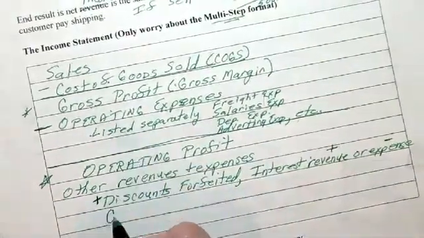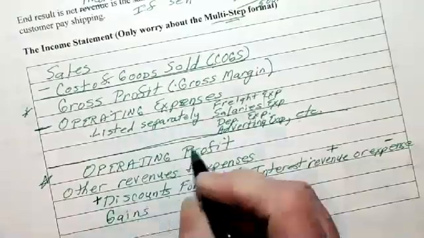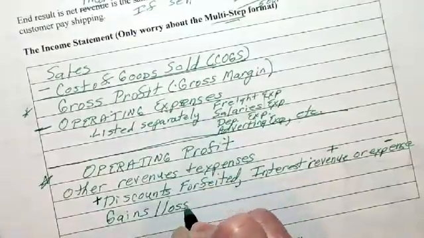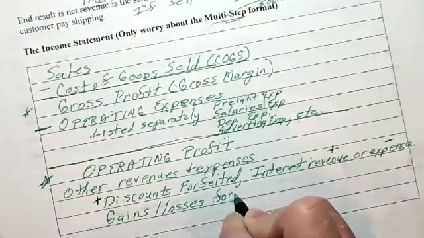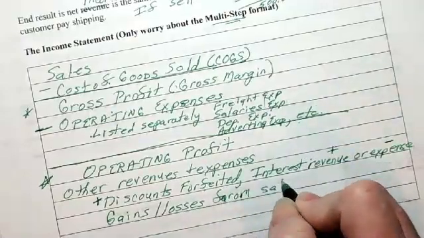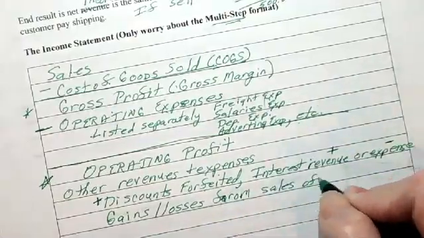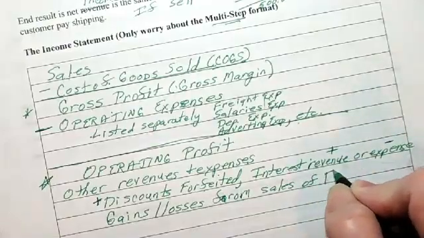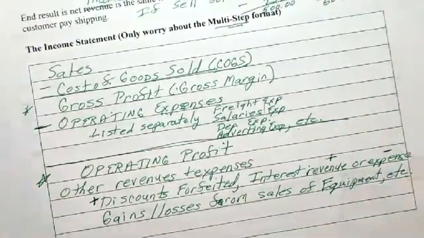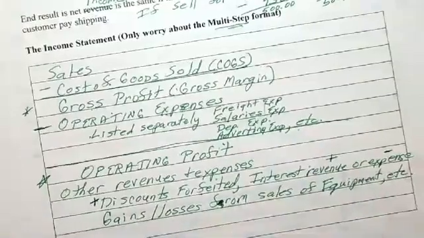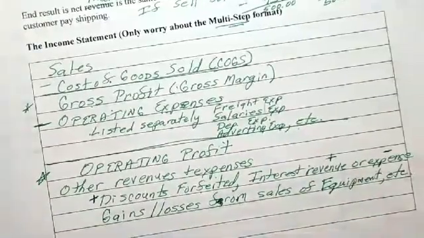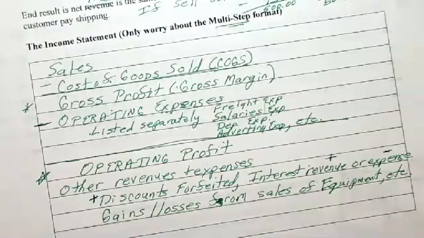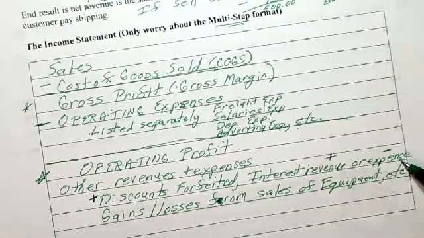And then something we'll talk about in a future chapter are gains and losses from sale of, I'll call it equipment. So these are ways we make money, but if this is the way we're making the majority of our money, we don't have a really viable company. We might charge our customers a little interest.